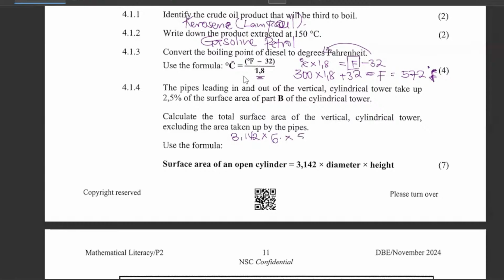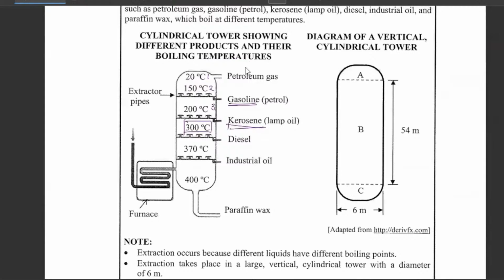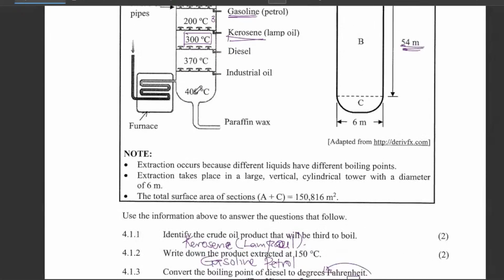Times the height, which is 54. The diameter is 6.